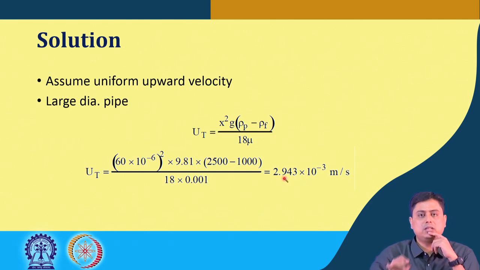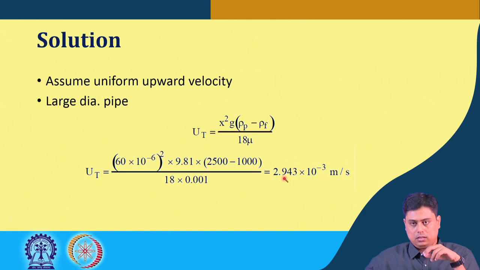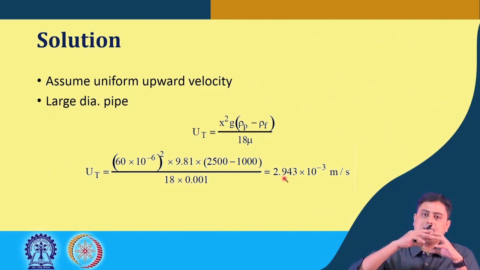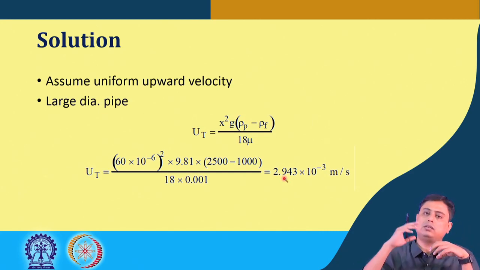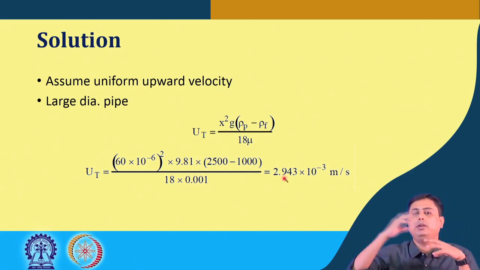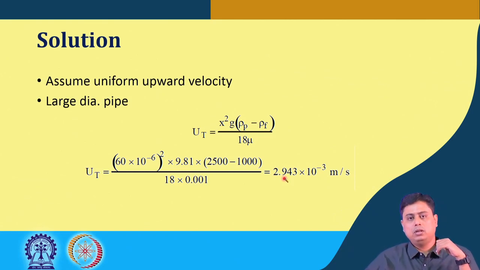So, this would be your water stream velocity, so that particles higher than 60 micron will eventually come down, because they will have terminal velocity higher than the water stream velocity and will not be carried out from this pipe.